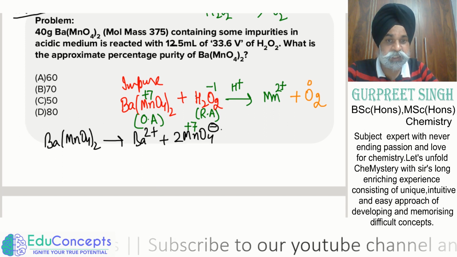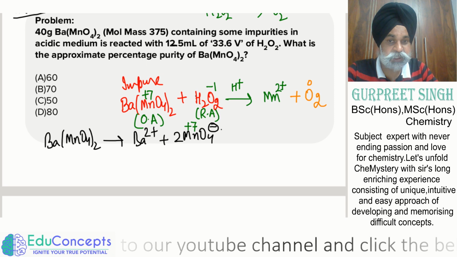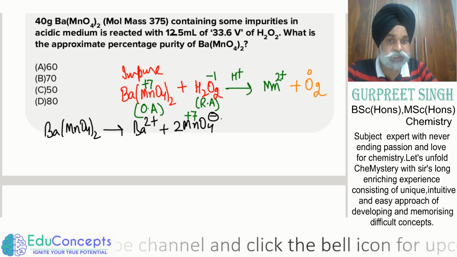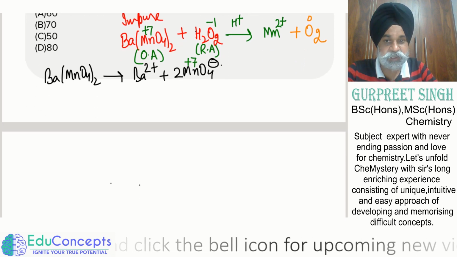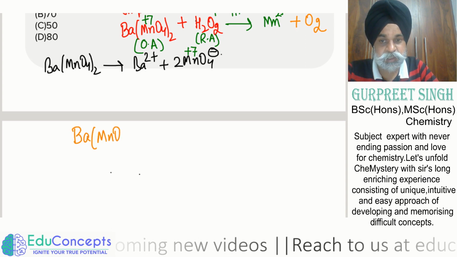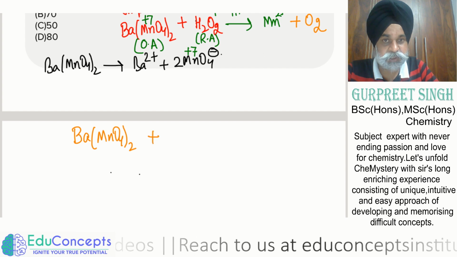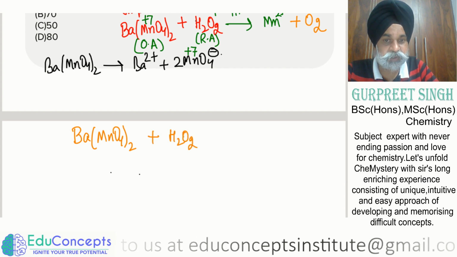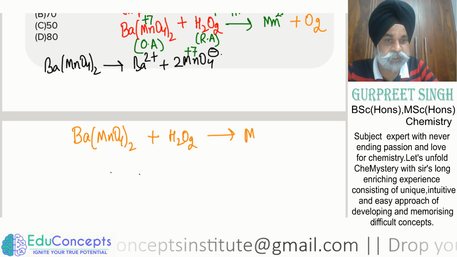So now some things look quite important to me, that most students will make a mistake here with barium permanganate. Now you could solve this question either with the mole concept or the equivalent concept, whichever way you feel comfortable.